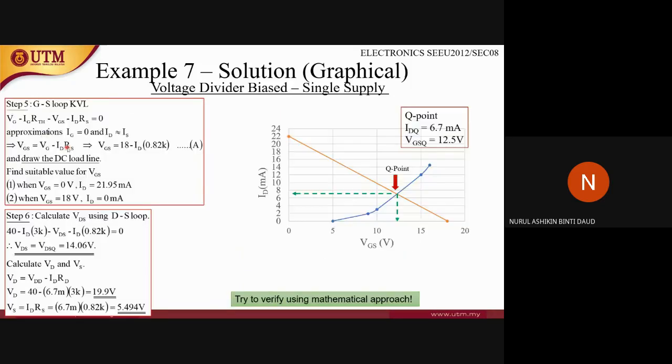So you will get the DC load line from this equation. When ID equals 0, find the Y intersection, and when VGS equals 0, you will get the X intersection. The intersection between the DC load line and the transfer curve will be the Q point, and from the Q point you straight away get the IDQ and VGSQ.